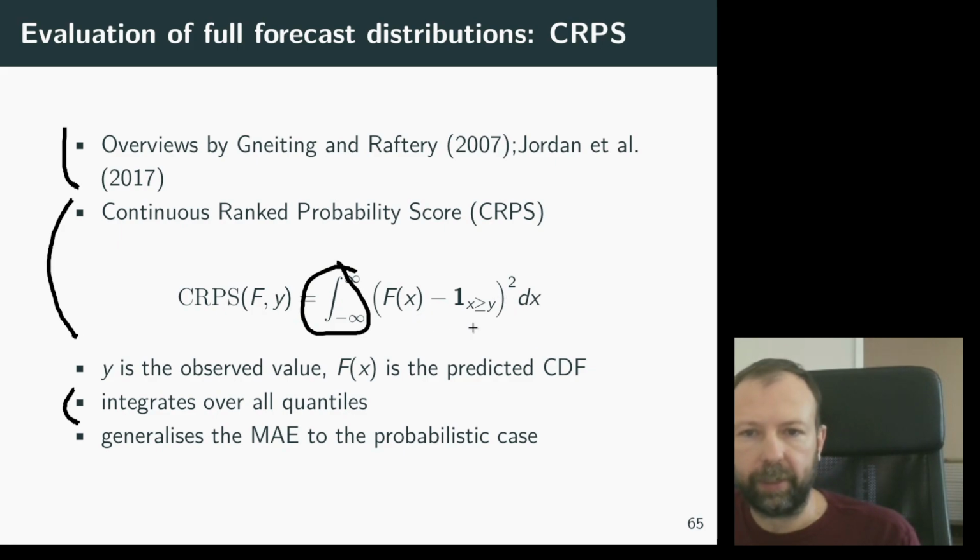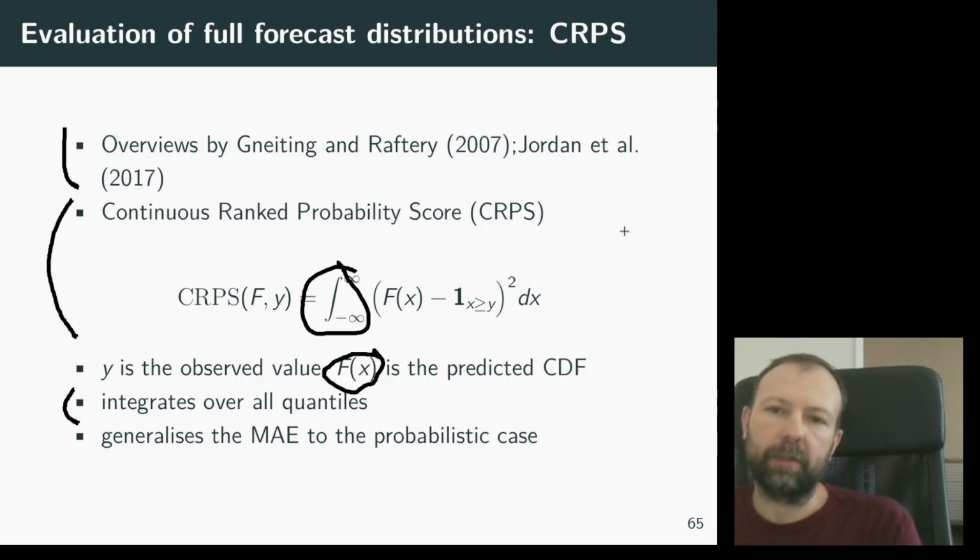So basically, f of x is your predicted CDF, and here you subtract this indicator function and then you square.